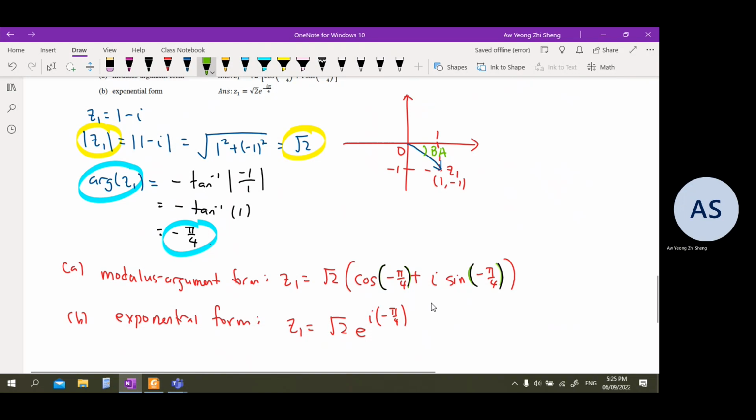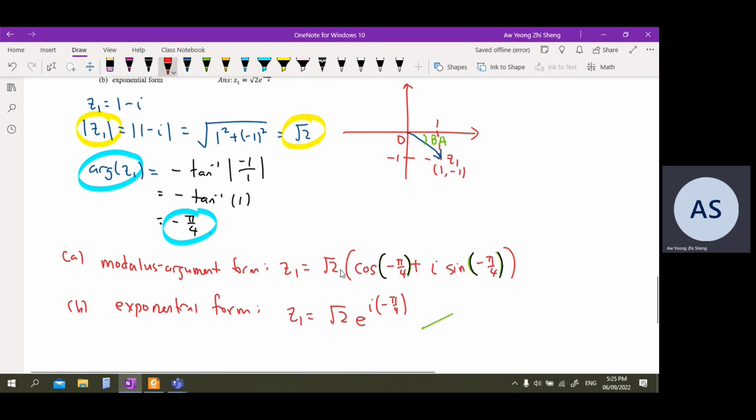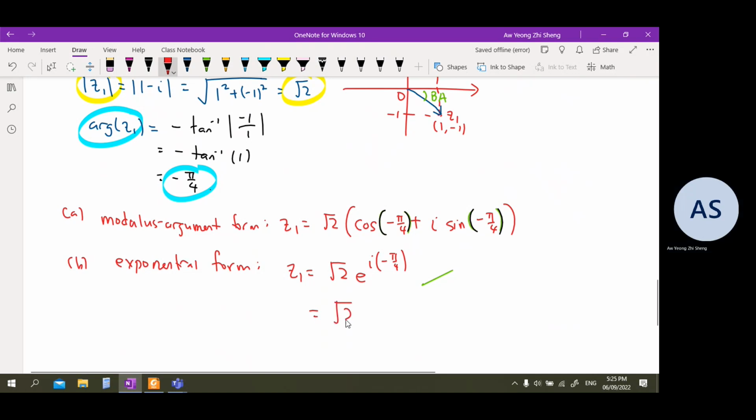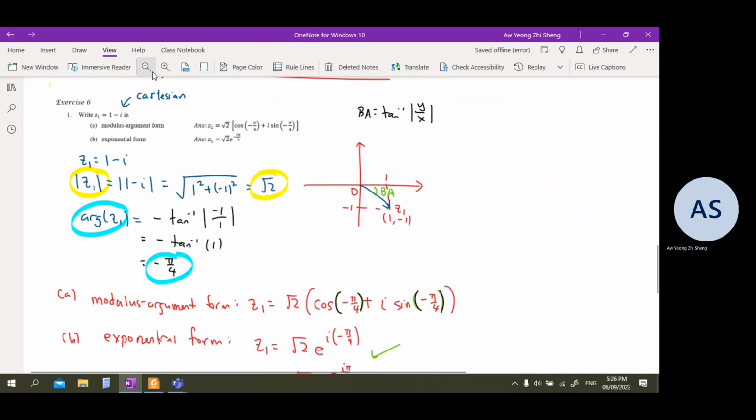It is acceptable to leave it in this form, although it is more common for people to just tidy up the power there and write negative i pi over 4. So both forms can be accepted as the exponential form. You just write whichever you prefer.